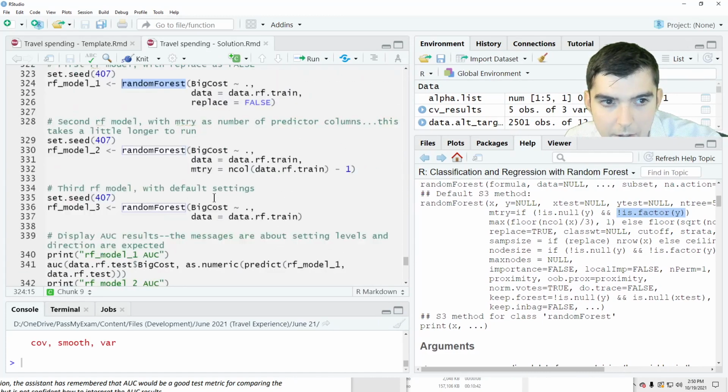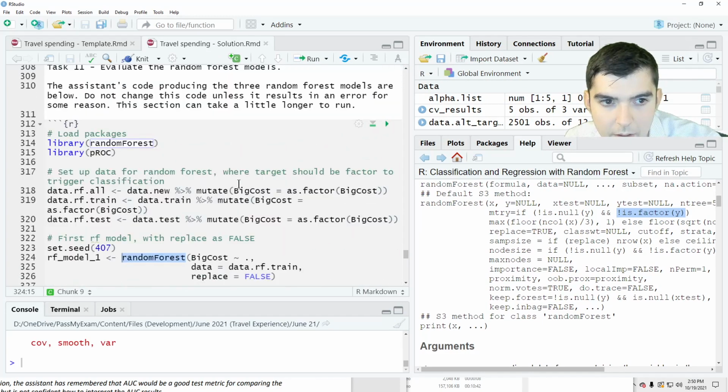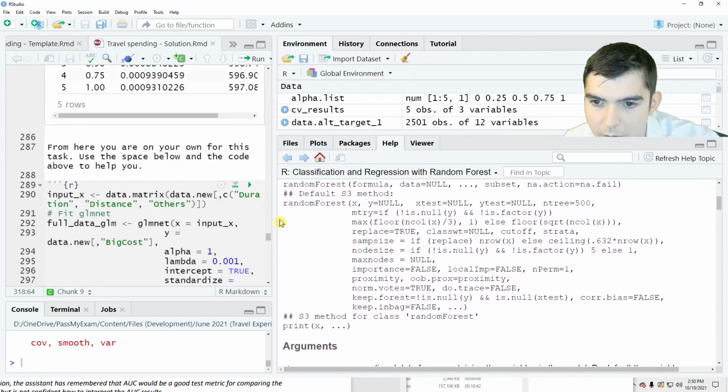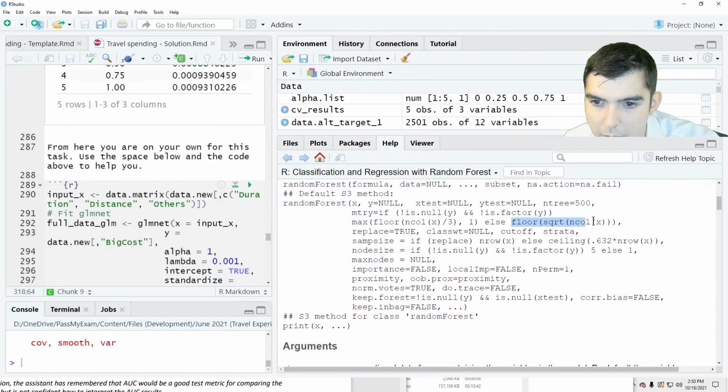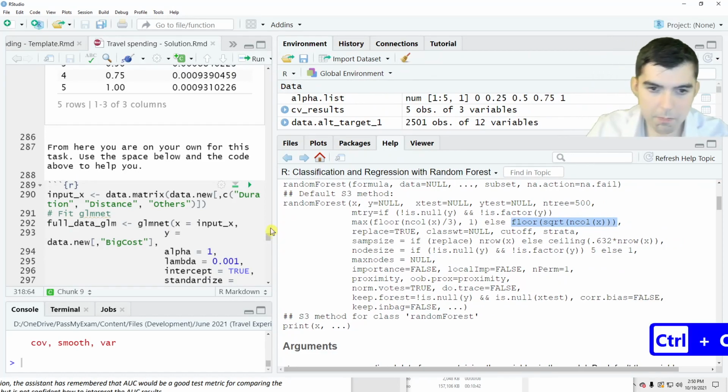And y is big cost, and big cost is equal to as factor, right? So if it's not a factor, that isn't the case, because that is a factor. So if these two things are true, which isn't the case, then that, else use floor of square root of ncol x.